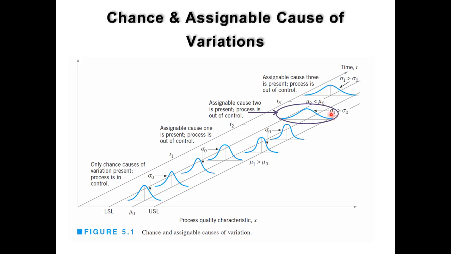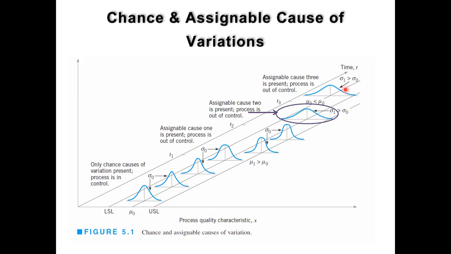Similarly, if you look at the last set of data distribution, you will observe that the sample mean value lies exactly on the lower specification limit. Also, the dispersion of data is more varied, it is higher.